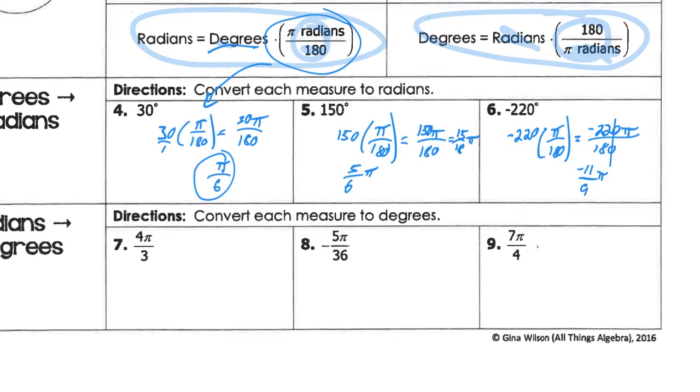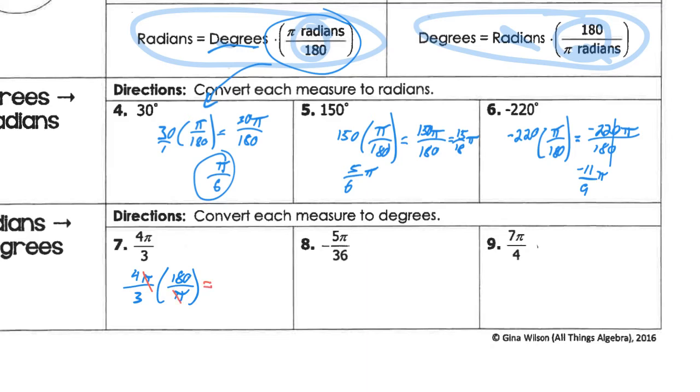And there we go. So if I want to go backwards and change them into degrees, I'm going to put the pi on the bottom and the 180 on the top. So I have multiplied by 180 over pi. You want to cancel out the pi's if you want to convert to degrees. So both of those pi's can cancel out.